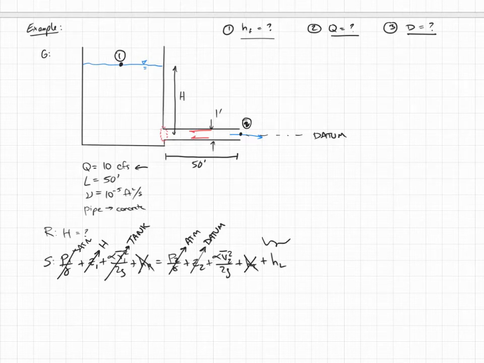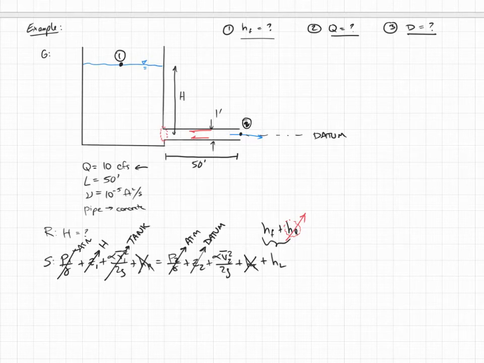And this head loss will expand into HF plus h lowercase l, so that's the friction loss plus the minor losses. We can't do anything with the minor losses at the moment, so we will assume that is 0. I'm going to dot it because it matches with our minor loss, so we're just going to get rid of that. So what does that leave us with?